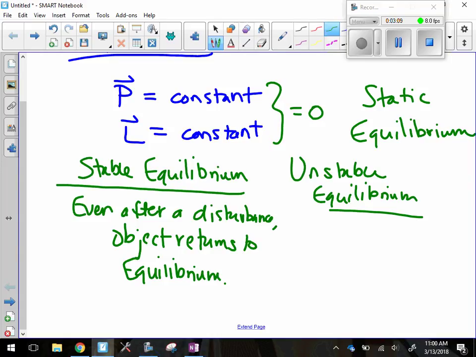Okay. And remember, that was being in the bottom of the bowl. Okay, that we gave it a little push and it might have gone up, but the force brought it back. And that for unstable equilibrium, after a small disturbance, the object does not return to equilibrium.